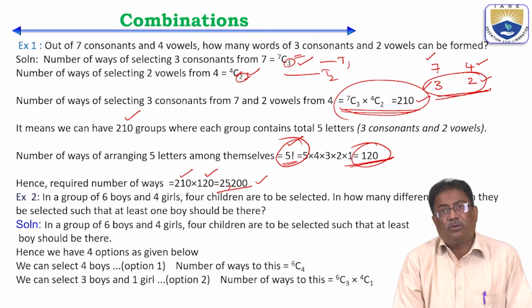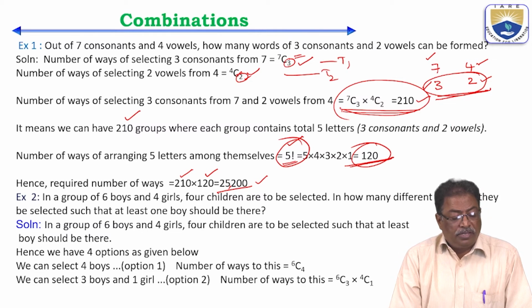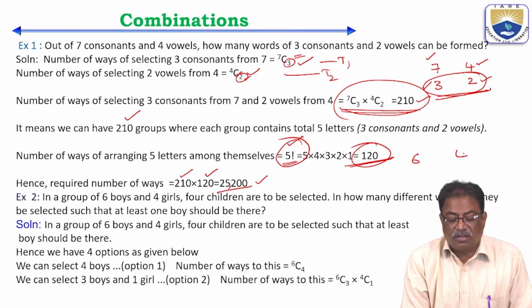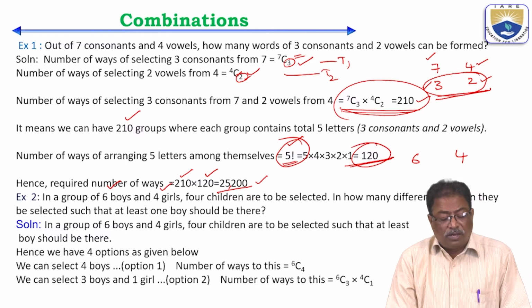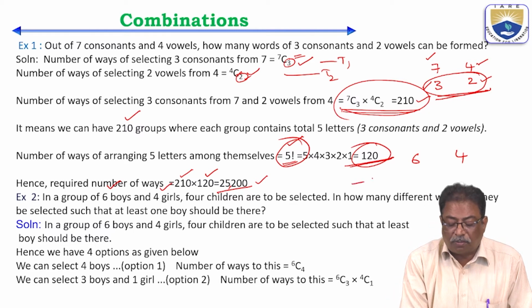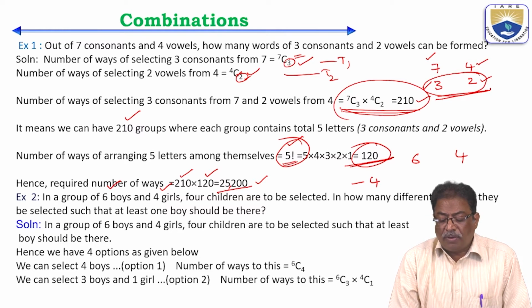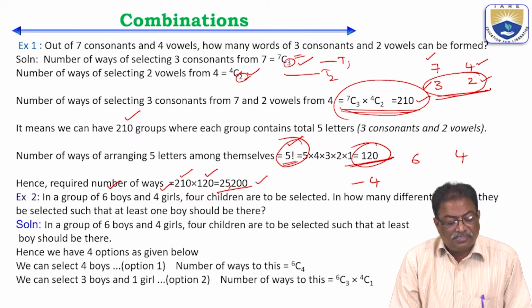So now let us go for another example. In a group of 6 boys and 4 girls, we have to select 4 children among them. The question is, in how many different ways can they be selected such that at least 1 boy should be there?